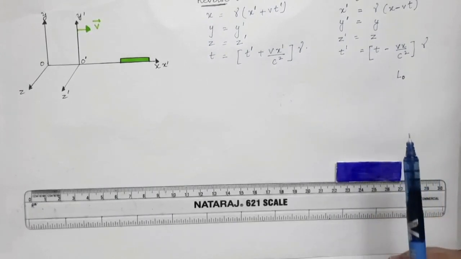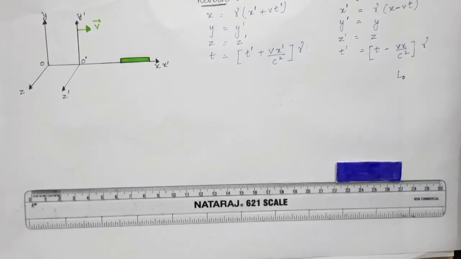Now when this object starts moving with a certain velocity, what happens to its length? When the object starts moving with a certain velocity, or you start moving with a certain velocity with respect to the object, both are the same thing, just the viewpoint is different.